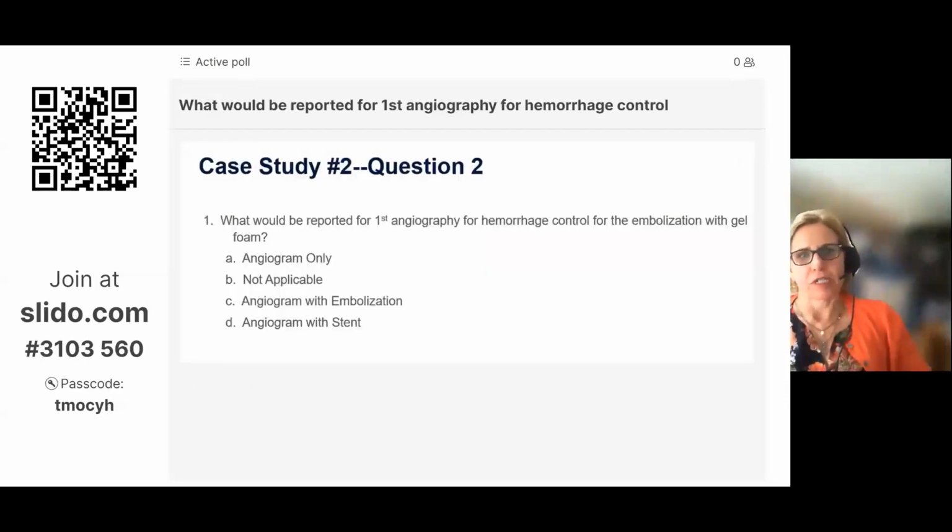What would be reported for first angiography for hemorrhage control for the embolization with the gel foam?